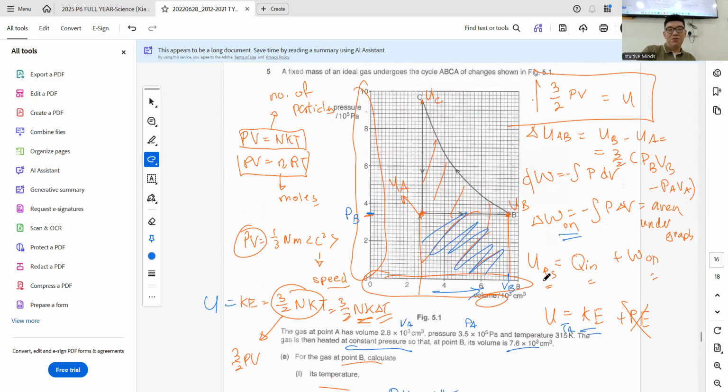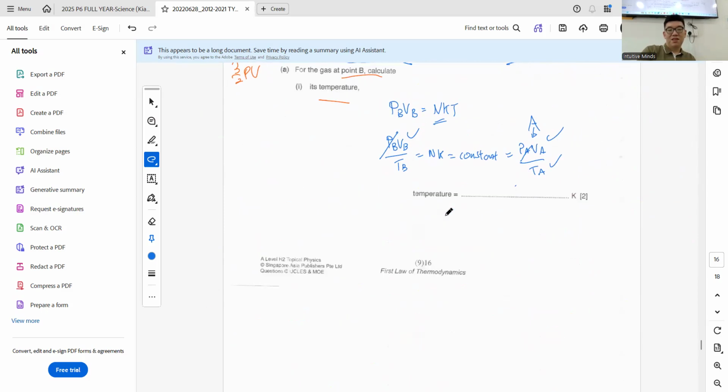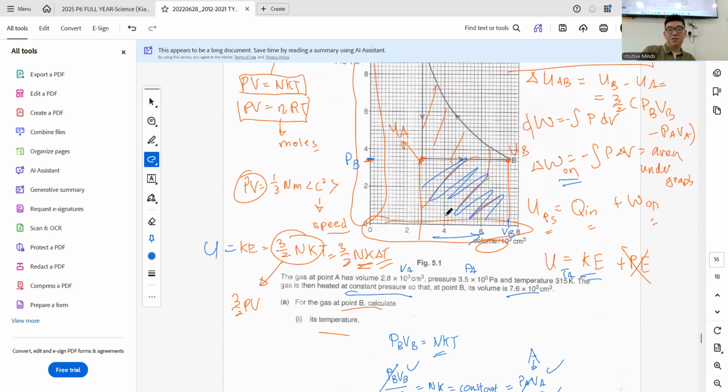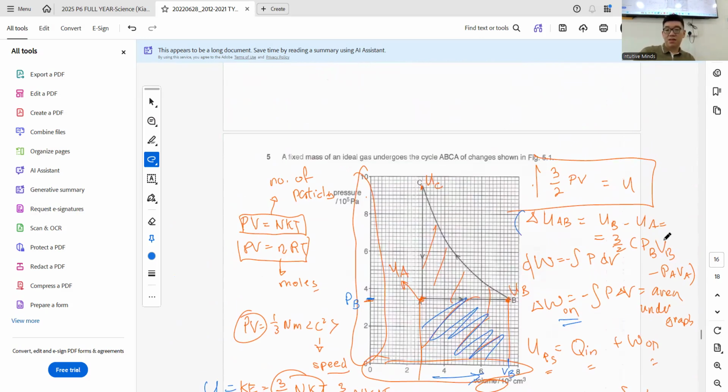Way number two is A to B. So find the PV values, the product, and you minus off downstream. The third way is the longer way.